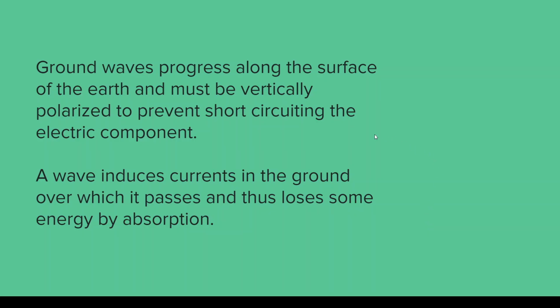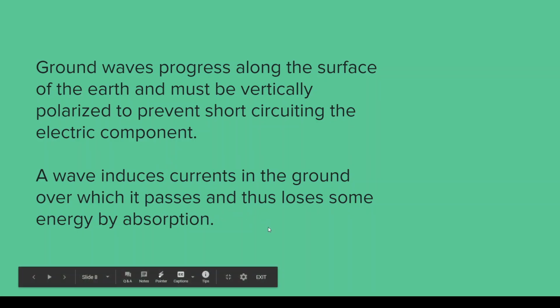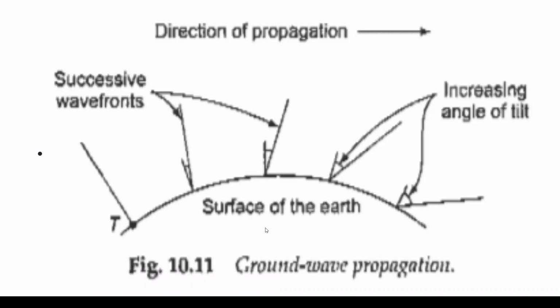Ground waves progress along the surface of the earth and must be vertically polarized to prevent short circuiting the electric component. A wave induces current in the ground over which it passes and thus loses some energy by absorption. This is a diagram which shows how the wave tilts when it travels over the surface of the earth.